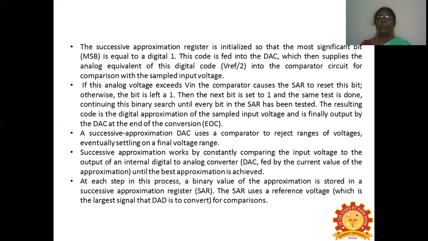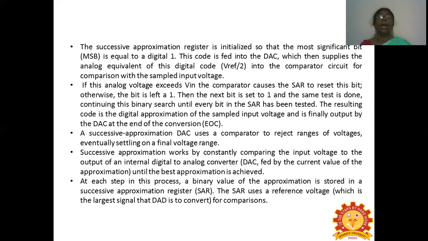Then the digital to analog converter supplies the analog equivalent of the digital code, that is V reference by 2, to the comparator circuit for comparison with the sampled input voltage. If this analog voltage exceeds the V input, the comparator produces a signal to the SAR to reset this bit.